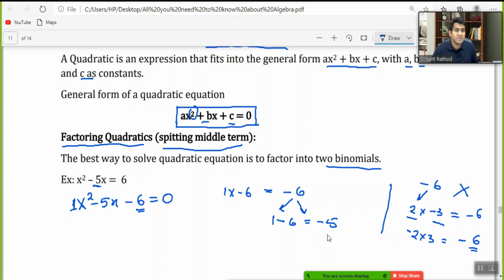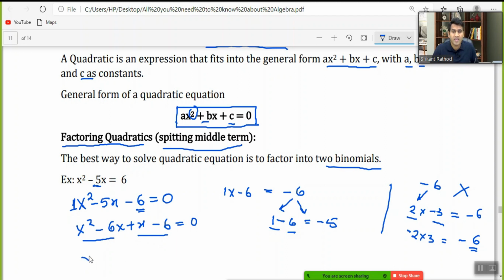So the factors for this expression I can consider as 1 and negative 6. So this expression can further be written as x square minus 6x plus x, because together they add up to minus 5x, minus 6 equals 0. Now what term can you take common from this and what term from this one?